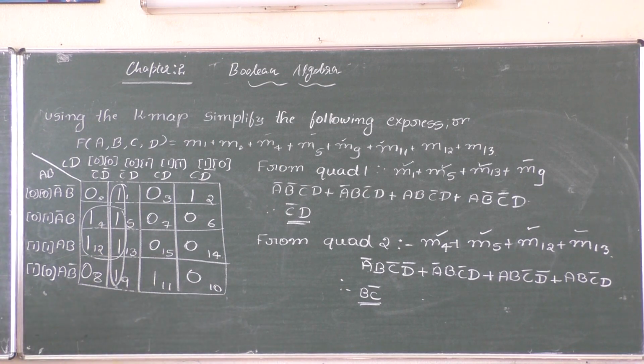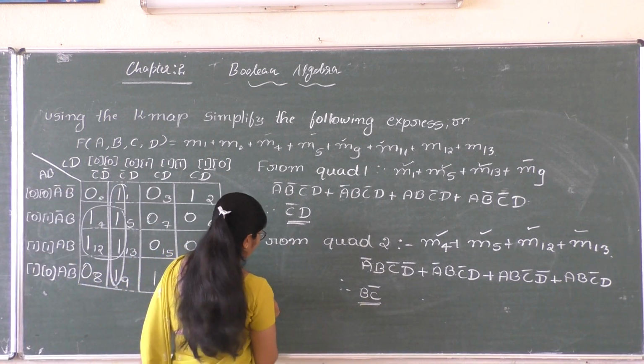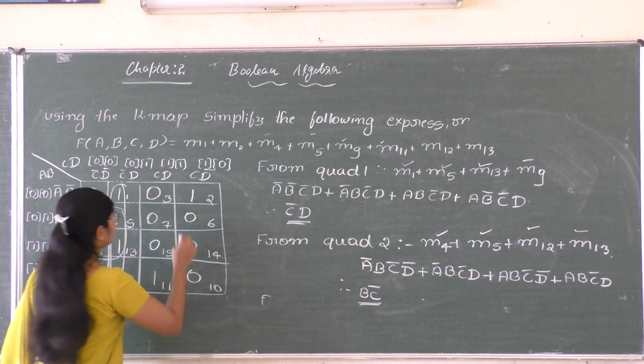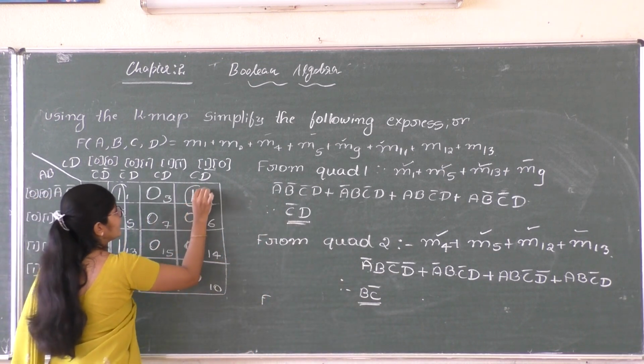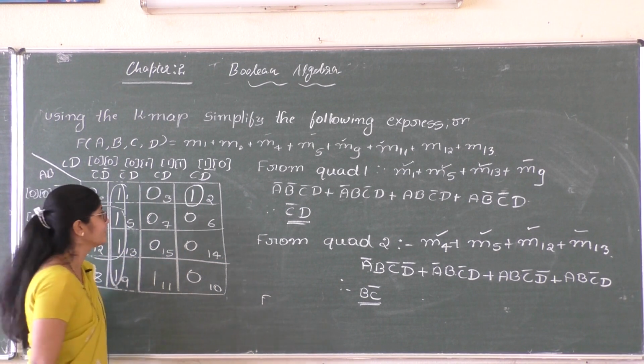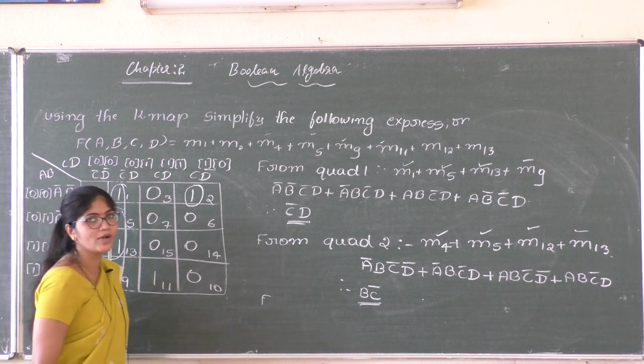Next, the one in the second box is called a single term. See here, this one is not included in the pair or in quads.